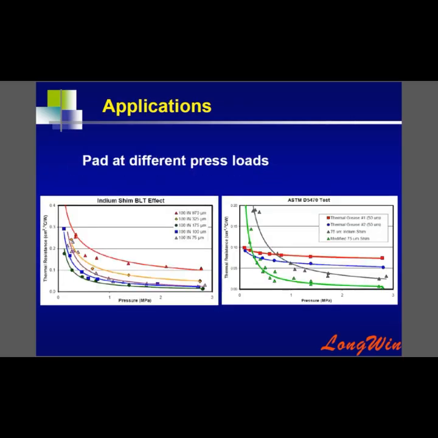And the second application is to see the influence of press load to thermal pad. So the same from the software, we can set different press loads and measure their thermal impedance. So we can get the figures like this.